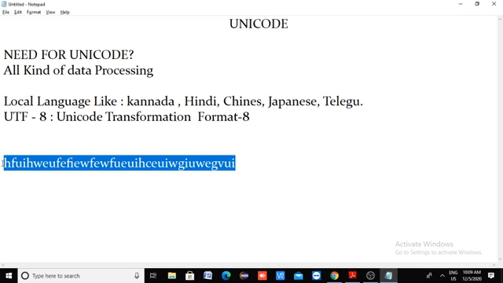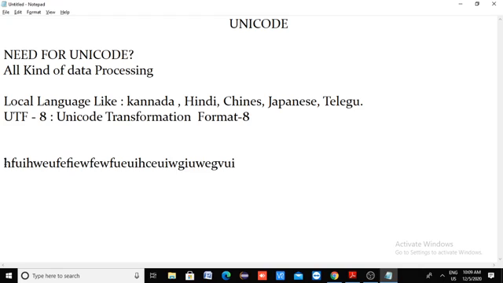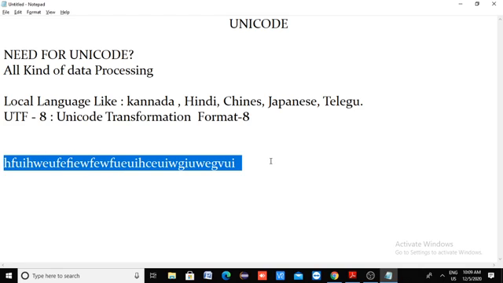But the UTF format only translates 8 bits at a time, not the full length of this word. It can only translate up to 8 bits, so that is called UTF-8.